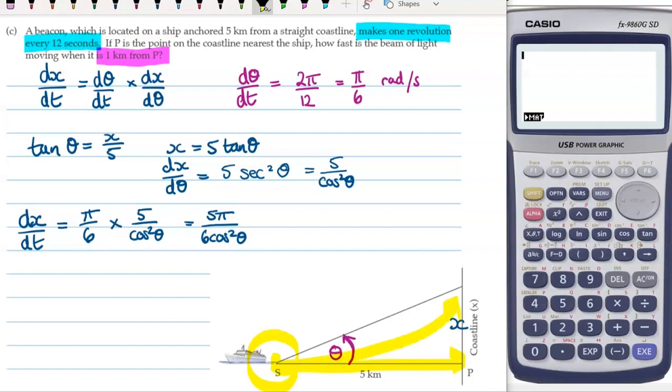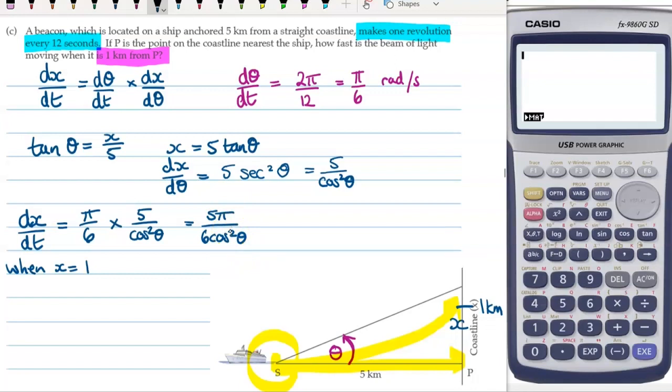We want the rate when it travels a kilometer past P, so when we get to 1 km in the x direction, when x is 1, we need to work out what theta would be so that we can substitute it into this.